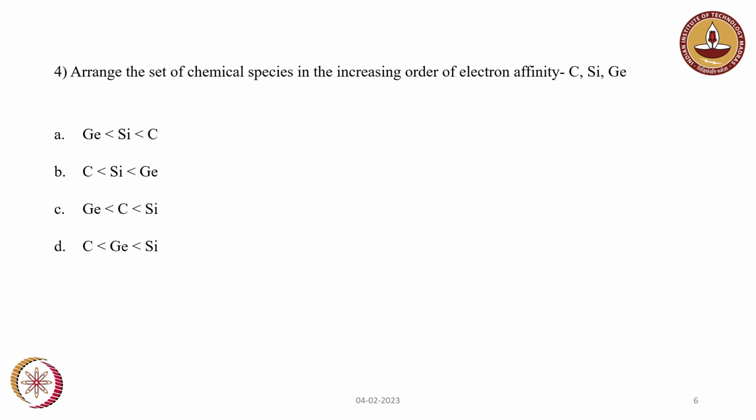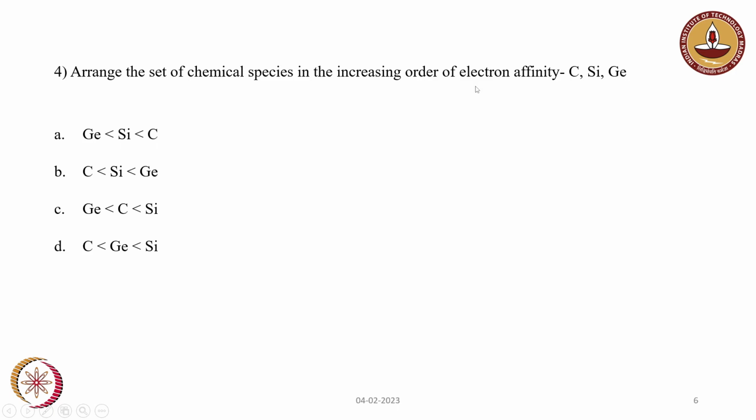The next question is: arrange the set of chemical species in increasing order of electron affinity, and the elements are carbon, silicon, and germanium. Electron affinity is the energy released when one electron is added to one atom in its gaseous state.